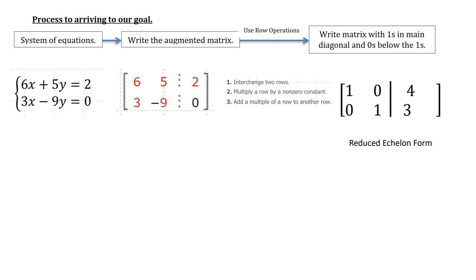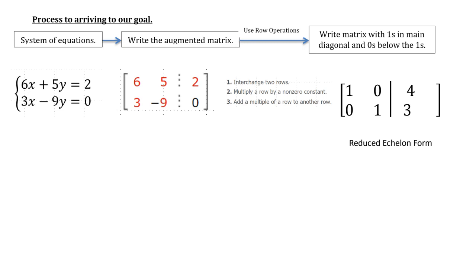The example that I had shown you before, that I had in this format here, the 1, 0, 0, 1, gave me the answer that x is equal to 4, y is equal to 3. Let me show you the row operations that we did that led to this answer. The original equation was this one: 6x plus 5y equals 2, 3x minus 9y equals 0.